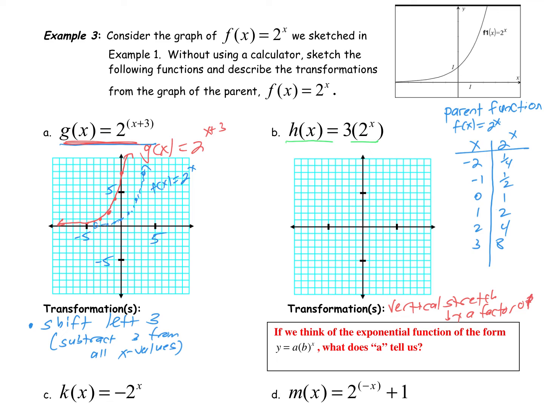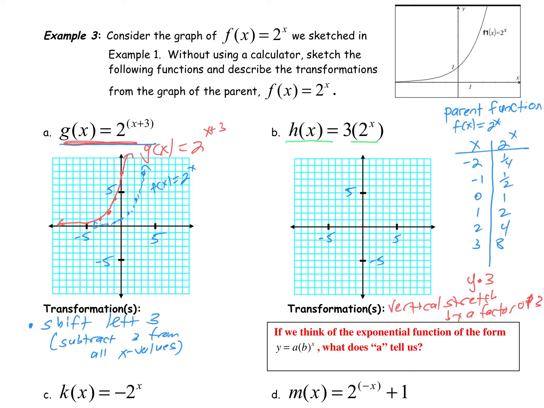And what that does in terms of all of our points is it multiplies y values times 3. Nothing is happening to the x values. So just like when we plotted g of x, I'm going to plot those points on the parent function, and then I'm going to multiply all the y values by 3.